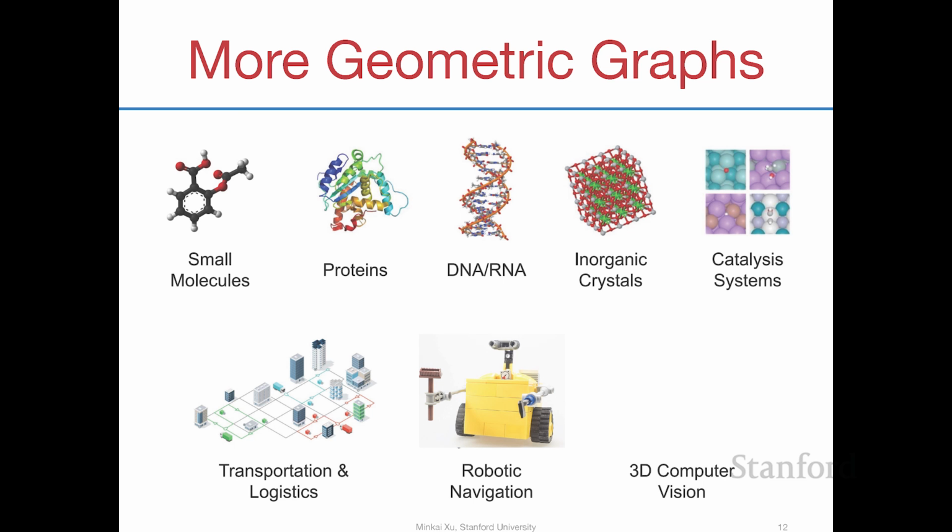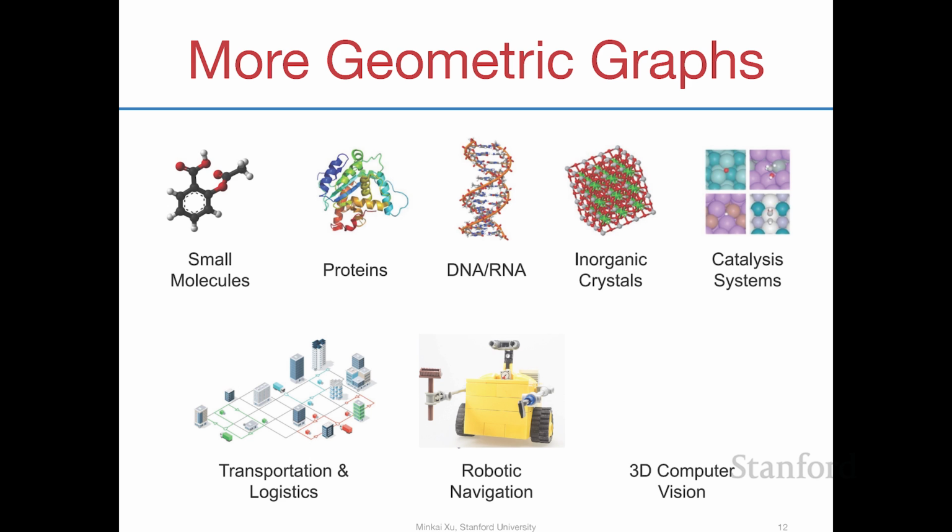Molecules are the most exciting and promising area of this direction, geometric graphs. It seems like there will be some killer application of geometric graph neural networks. But more broadly, there are also many other scenarios interested in geometric graphs.